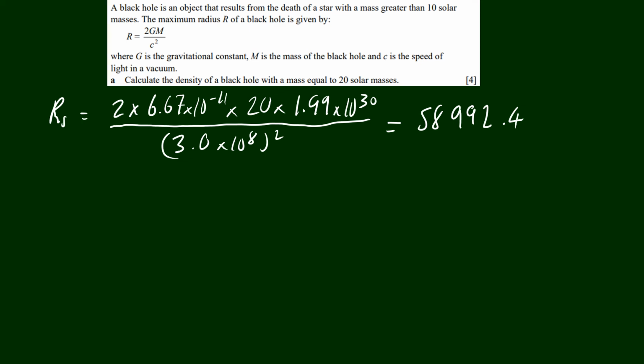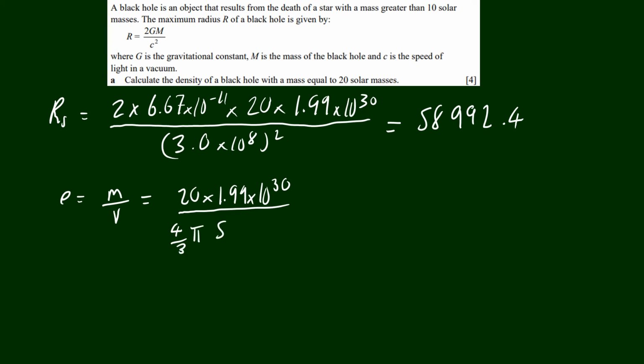Okay, then density rho is mass over volume. Remember, we're assuming that the black hole is perfectly spherical, so you've got the volume of a sphere on your formula sheet. So again, put the mass in, 20 solar masses, divided by the volume, 4/3 pi r cubed.